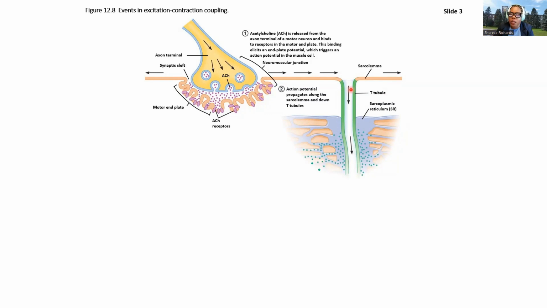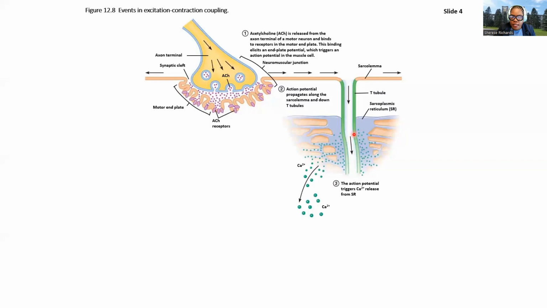It can actually burrow into the depth of the muscle fiber and go deep into the muscle as well. Remember, these are bundles of fibers that are stacked together. So in order for this end plate potential to be spread throughout the muscle quickly, it has to be able to go through the depth, and that is where the T-tubules come in.